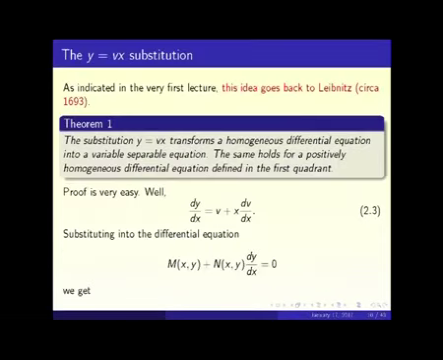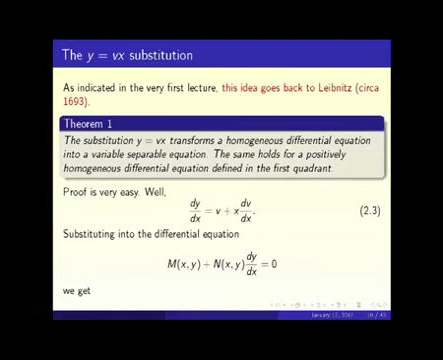Alright, so now we come to the celebrated y equal to Vx substitution. Right in the first lecture, I mentioned this y equal to Vx substitution. The idea goes back to Leibniz around 1693. You will see this name appearing right in the first lecture, and you will see this substitution y equal to Vx being mentioned there.